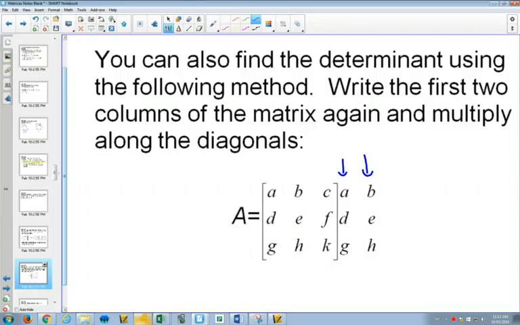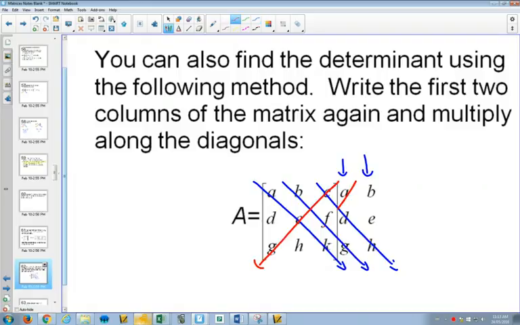This will make 3 diagonals going this way, 1, 2, 3, and 3 diagonals going backwards. Once you add up all of these ones together, you'll subtract them from those ones. And I find this is easier to do than working with the formula.